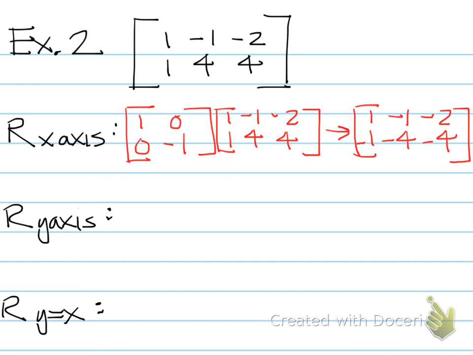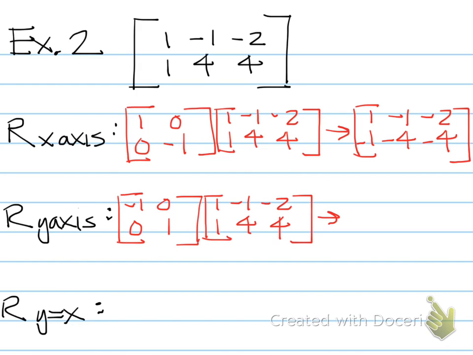All right, so if we plotted these coordinates, the coordinate 1, negative 1, negative 1, 4, and negative 2, negative 4, that would be a reflection of the pre-image across the x-axis. For a reflection across the y-axis, we're going to multiply the negative 1, 0, 0, 1 matrix by our vertex matrix. When we do that, we'll get the following values in the top row and these values in the bottom row.